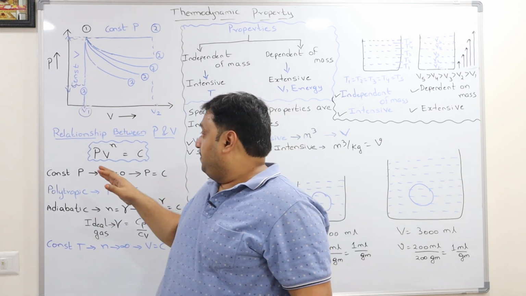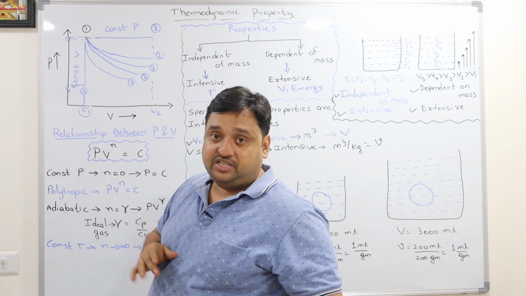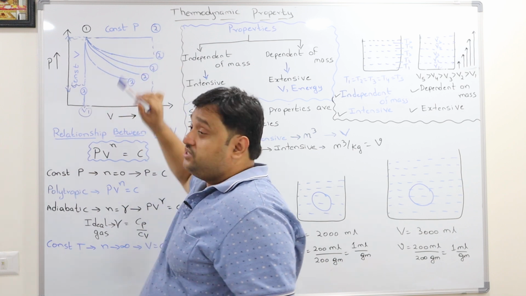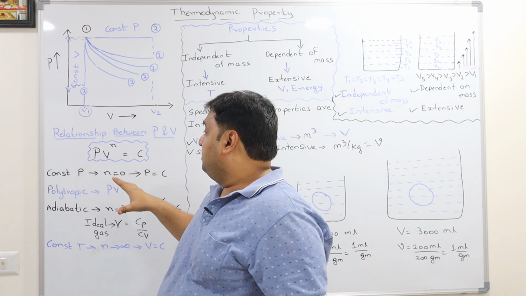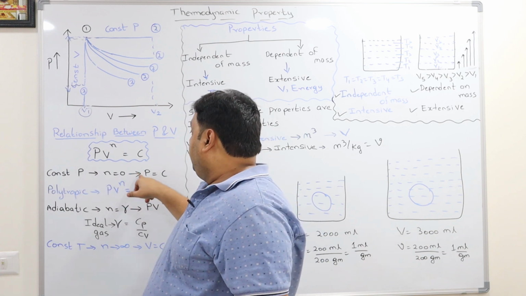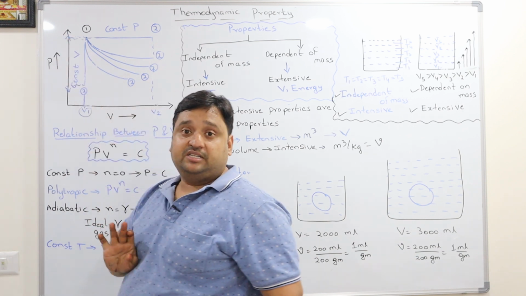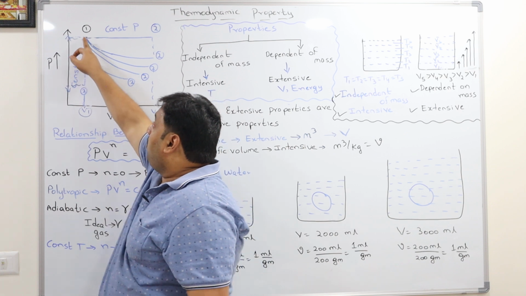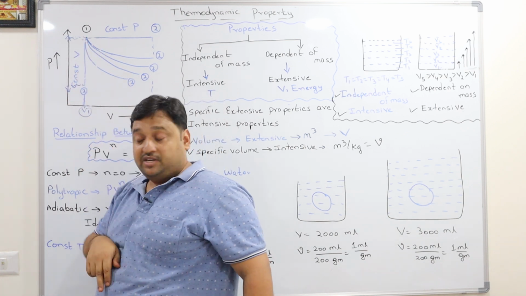In general, a process is represented by PV^n = constant. When we talk about the constant pressure process, if you put n = 0, you get P = constant, because on this line P is constant. So the equation will be P = C. If you talk about this straight vertical line, volume is constant.